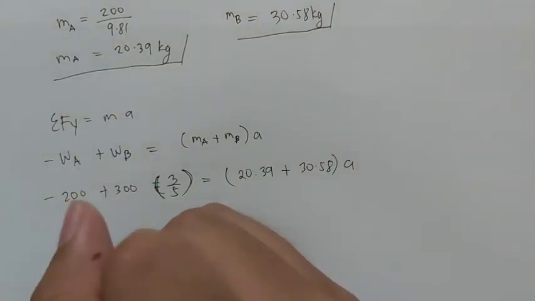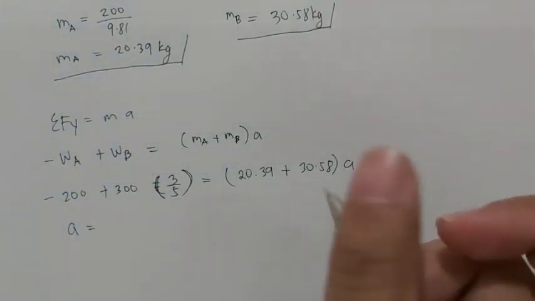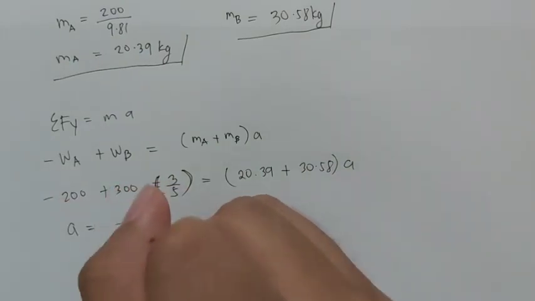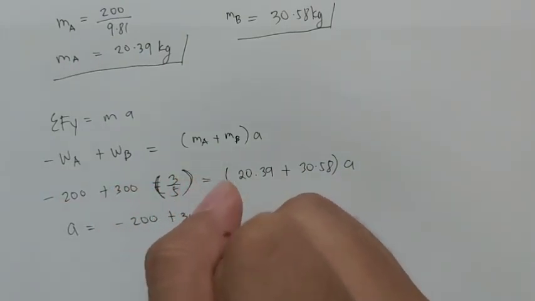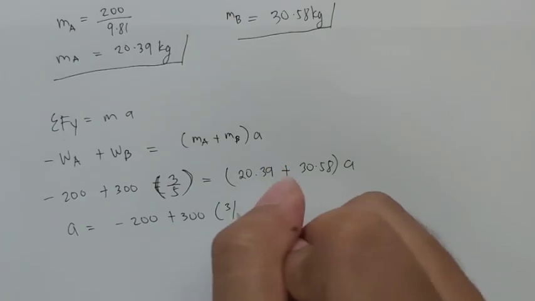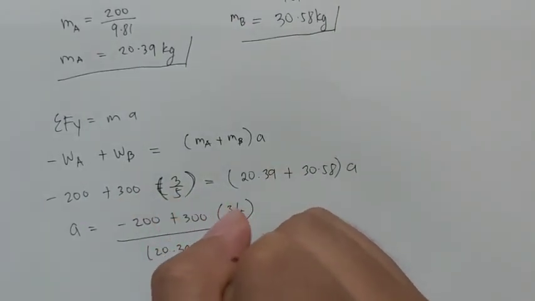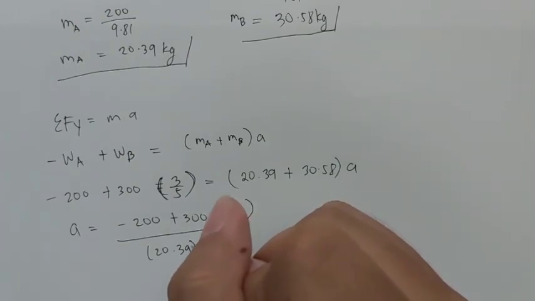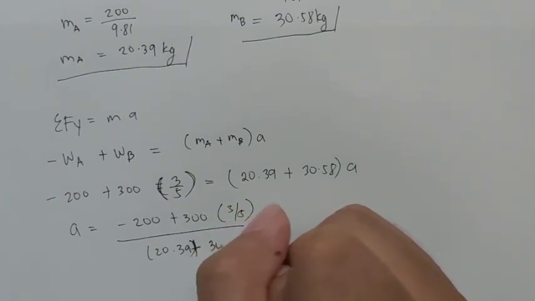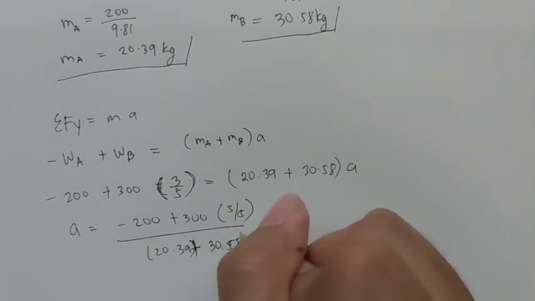So acceleration will be equal to negative 200 plus 300 times 3/5 all over 20.39 plus 30.58.